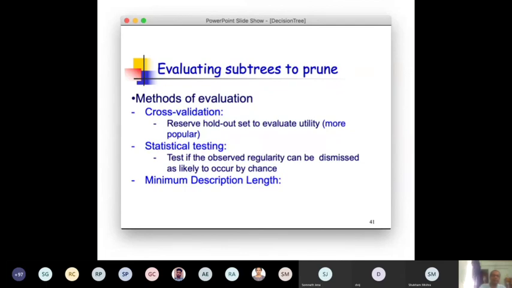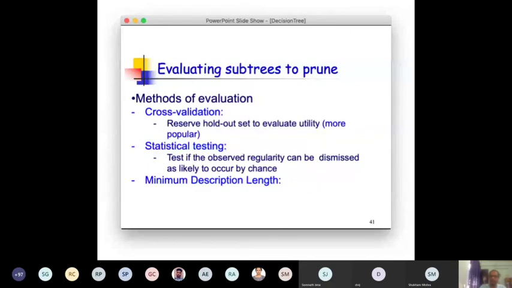Statistical testing is a kind of test which observes whether, for the hypothesis that you are going to refine, that means that node when you are going to prune, it is just by chance, or whether it has some kind of association, some good explanation that it is not random.